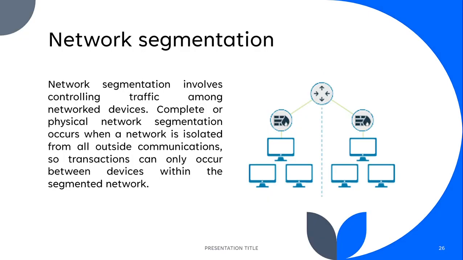Right? So how do we achieve all this? How do we achieve integrity, confidentiality, and availability in the organization? There are a whole lot of methods that you can use. One of the key methods is what we call network segmentation. So what is network segmentation?